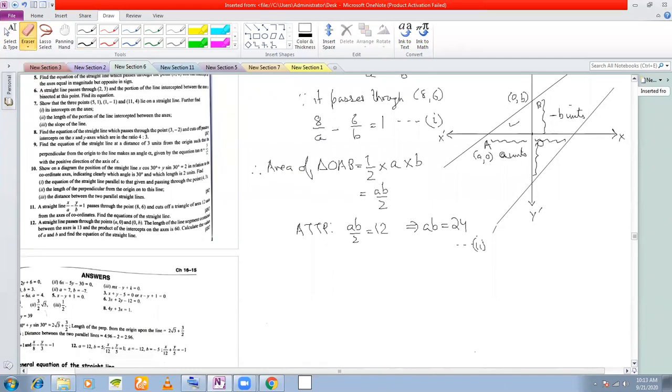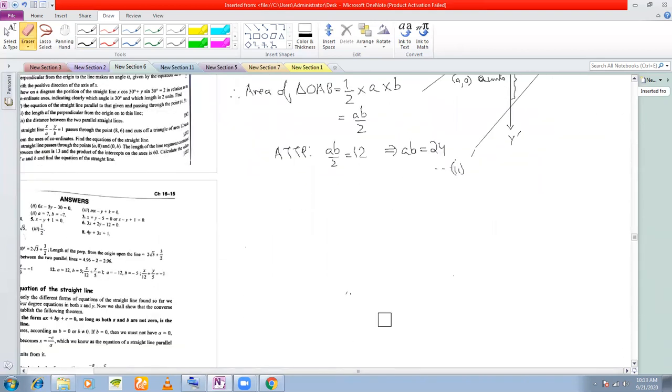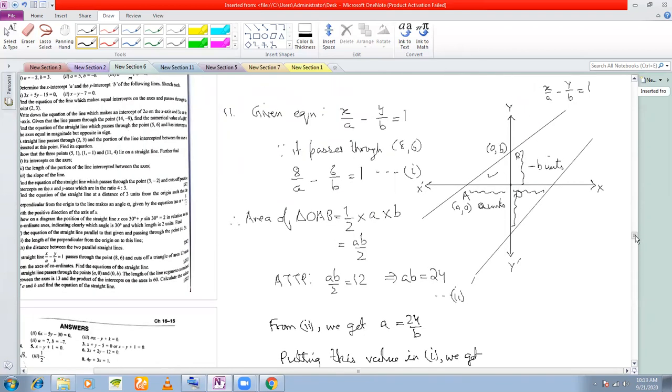From 2 we get a is equal to 24 by b. So putting this value in 1, in 1 you put this value.